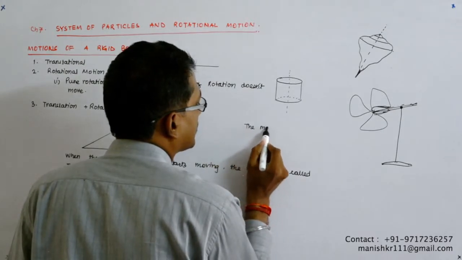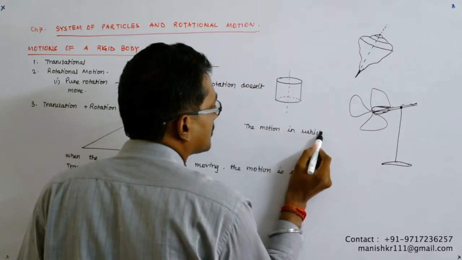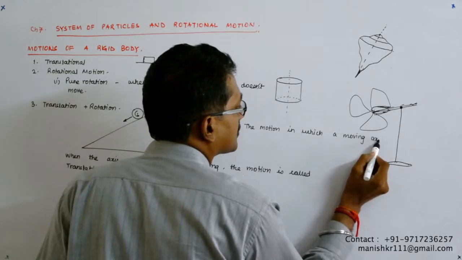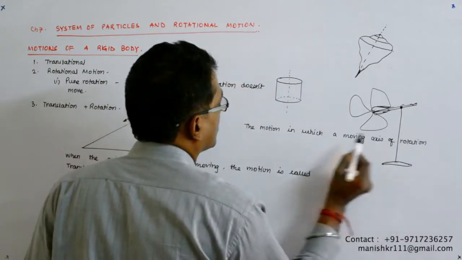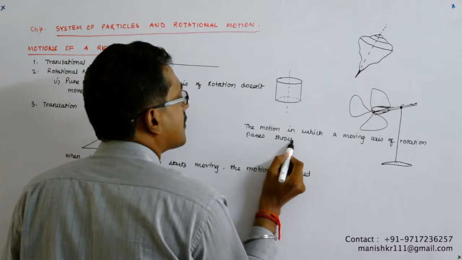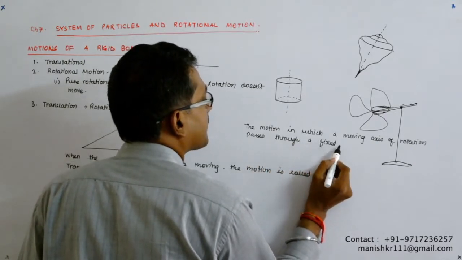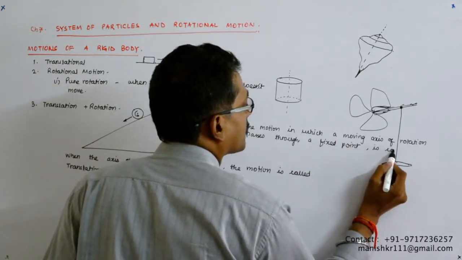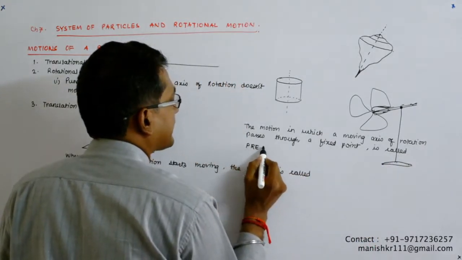The motion in which a moving axis of rotation passes through a fixed point is called precession.